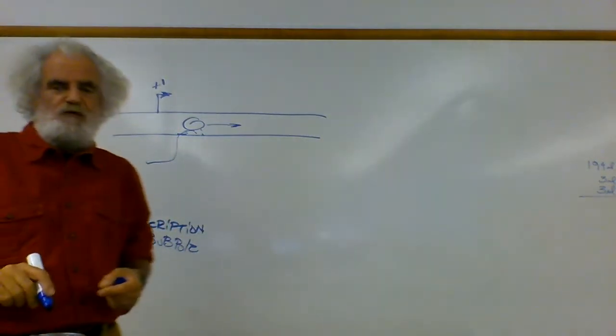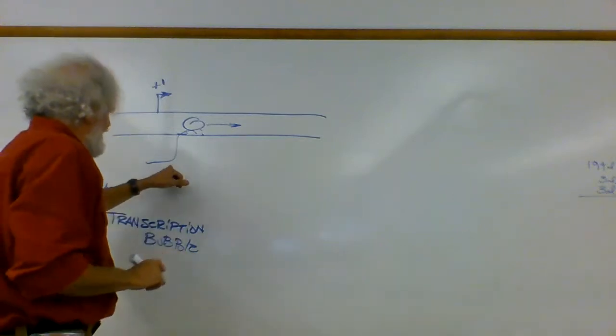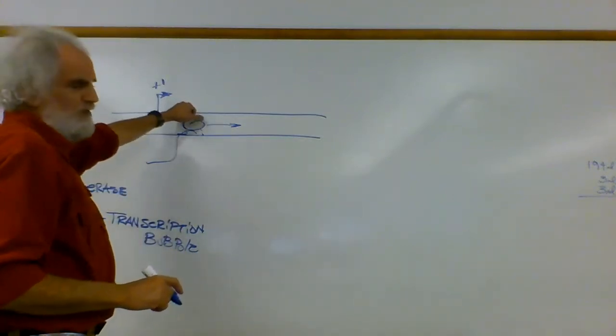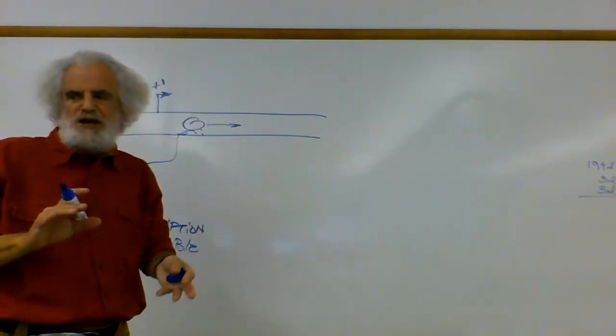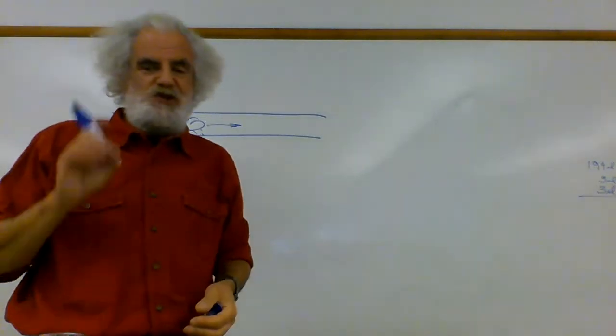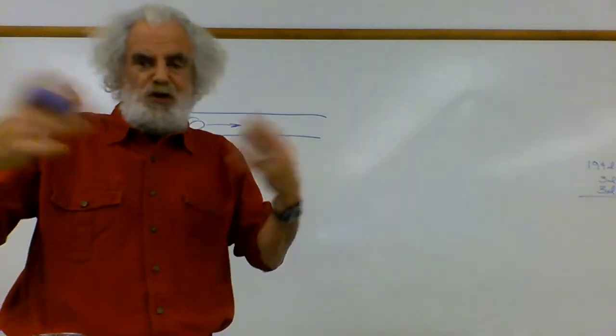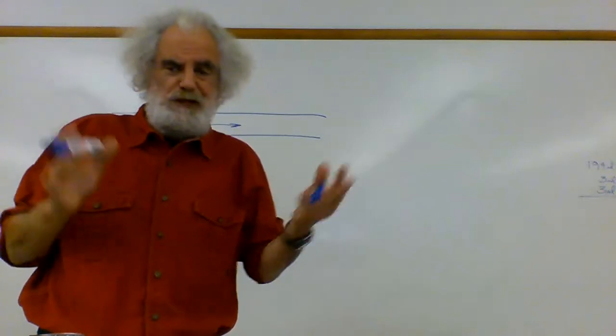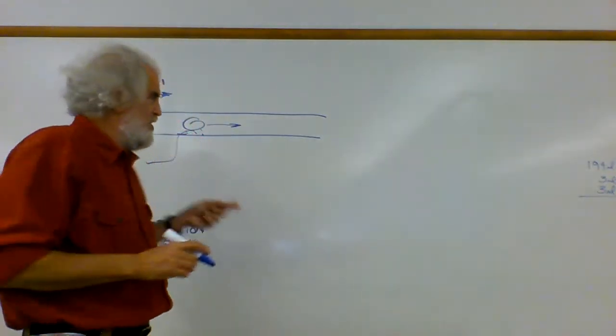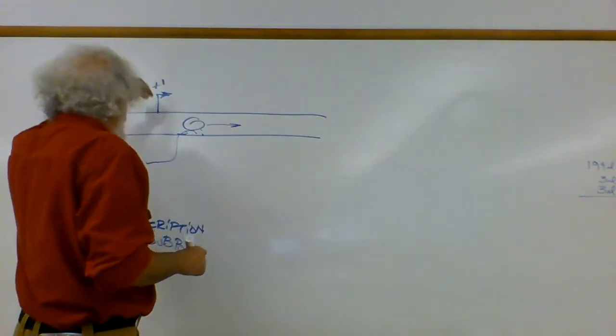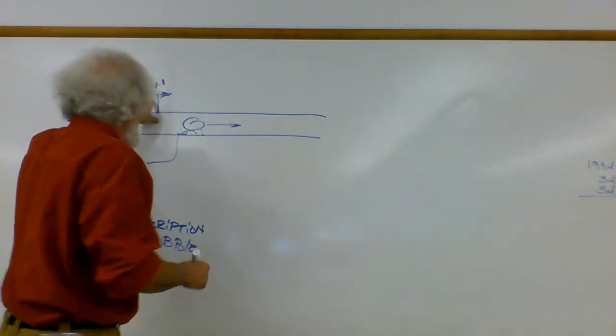Now, not to get overly detailed, but this RNA is identical to the top strand. The one difference is RNA has the base uracil instead of thymine, but in terms of sequence, it's really not all that important. So you make an RNA transcript. You have a transcription start site.